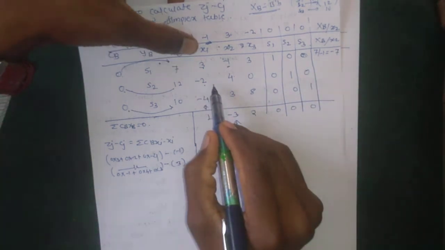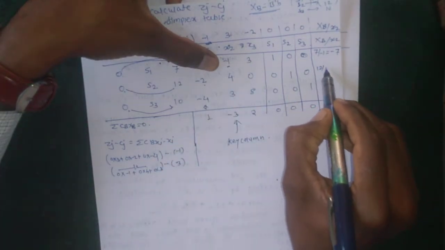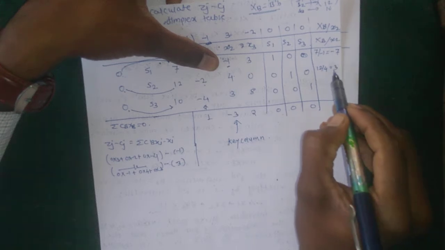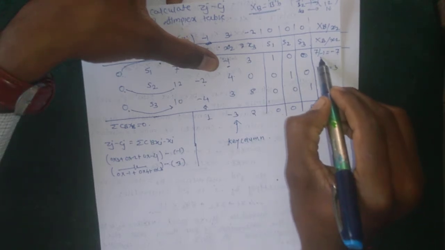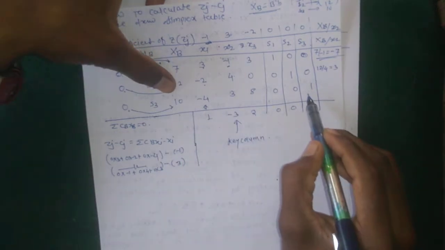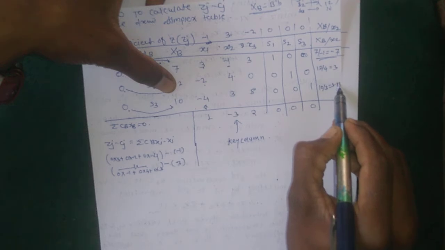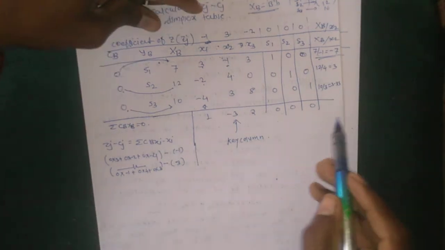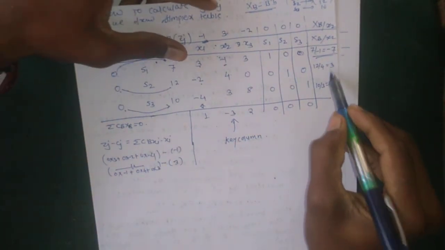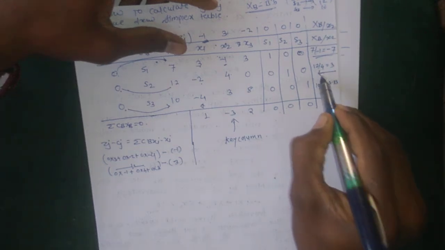Here 12 divided by 4 is equal to 3. Then this ratio is negative, so we delete this. Next is 10 divided by 3, which is equal to 3.33 something. Therefore, among the positive terms, choose the smallest, which is only 3.